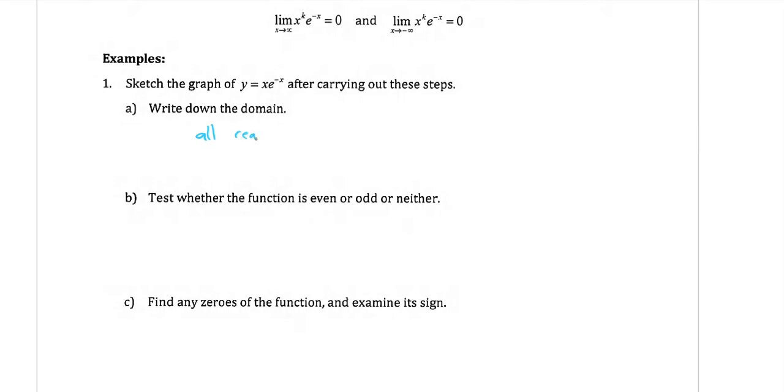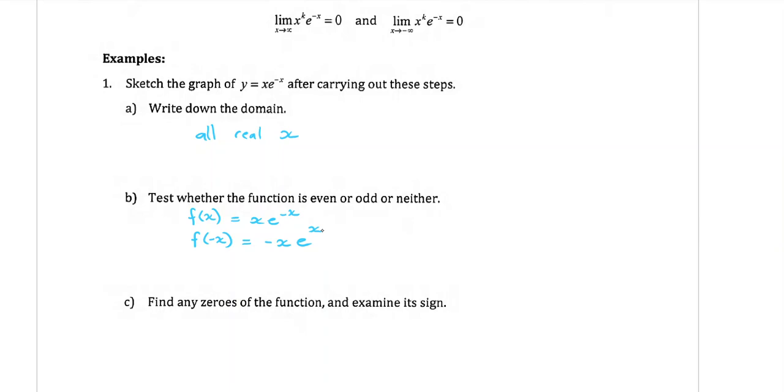All real x. B, test whether the function is odd or even or neither. So how do I do that? Let's call it f of x because it was y before. So if f of x is equal to x e to the negative x, I want to sub in f of minus x, which would be negative x e to the positive x.